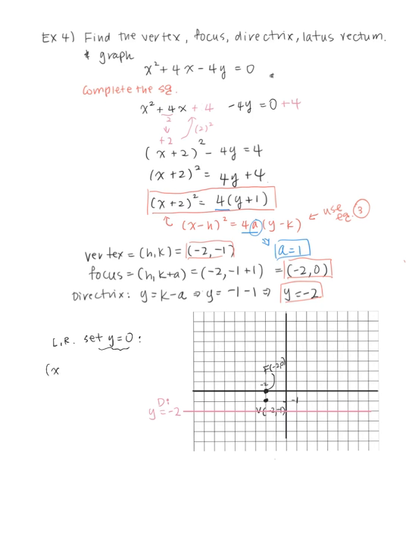Then we're going to have (x plus 2) squared equals 4 times (0 plus 1). So x plus 2 is going to be plus or minus the square root of 4, which is 2. So our x is going to be either 2 minus 2 or -2 minus 2. So this is 0 and -4.